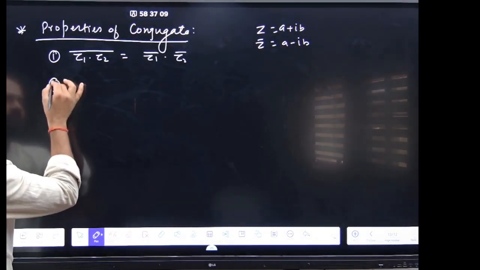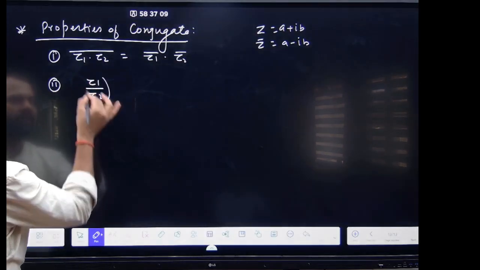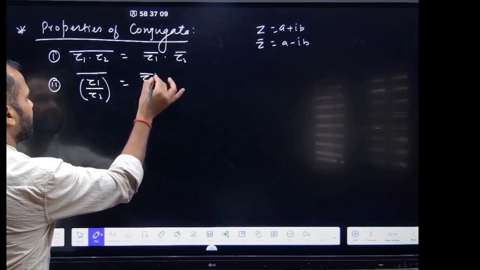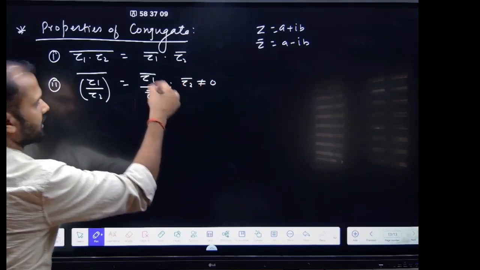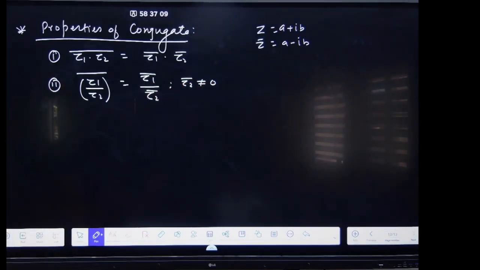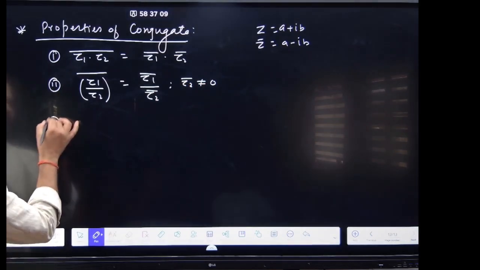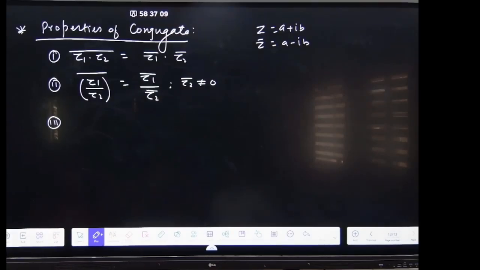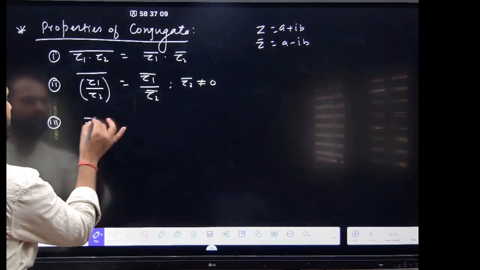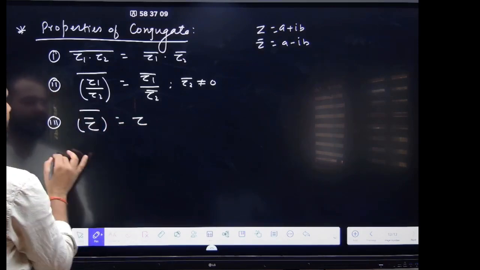Second one you write down. If z1 by z2 complete bar is there, so you can calculate individually z1 bar by z2 bar, provided this z2 bar shouldn't be 0. Otherwise, it will become an indeterminate form, undefined kind of thing. Third, after that what can you write? Bar of bar, if you are calculating, that you know it is z only, right?